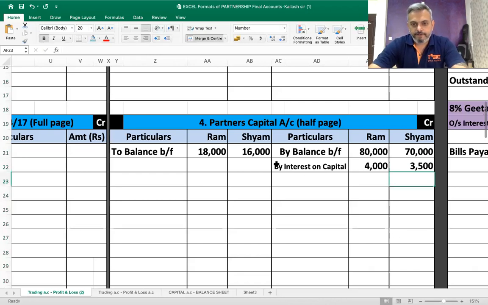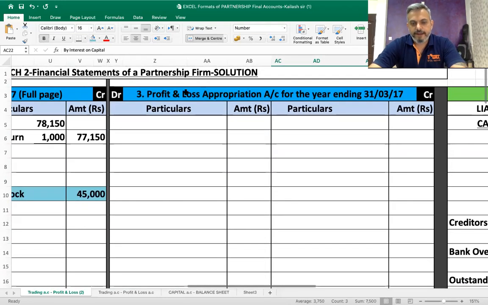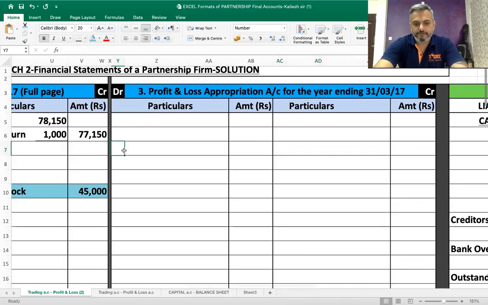So one effect has come to our partners' capital account. The second effect will come to the P&L appropriation account. Now again we don't know whether we have net profit or net loss. So we leave first two lines blank and then we write to interest on capital.